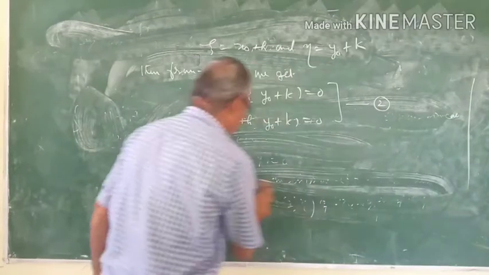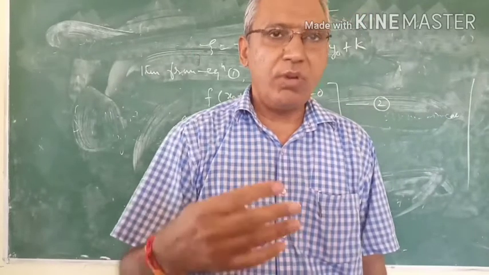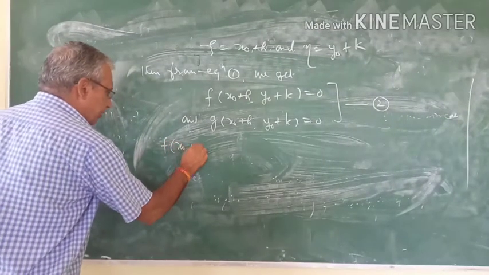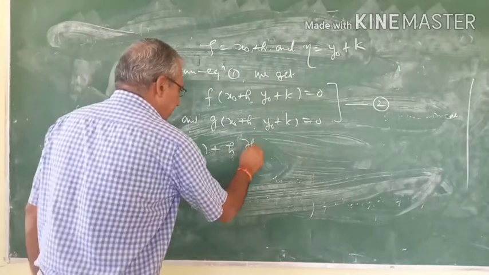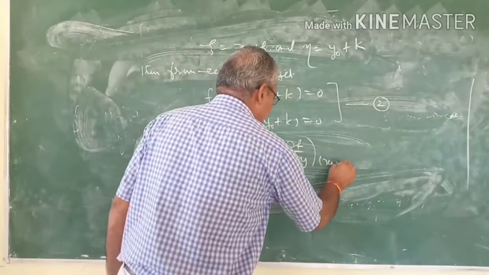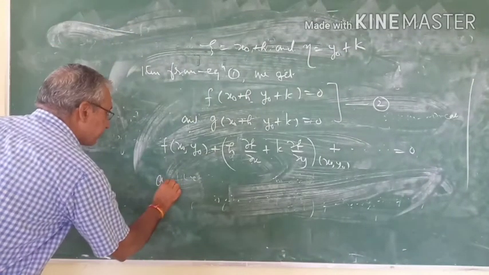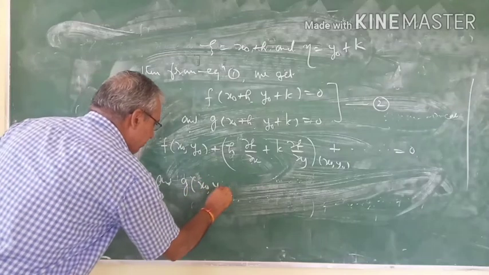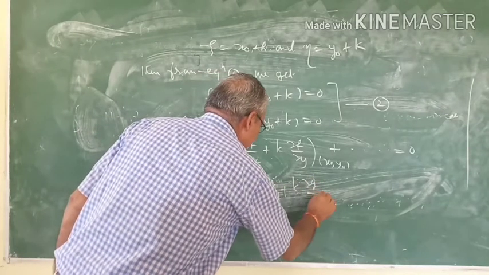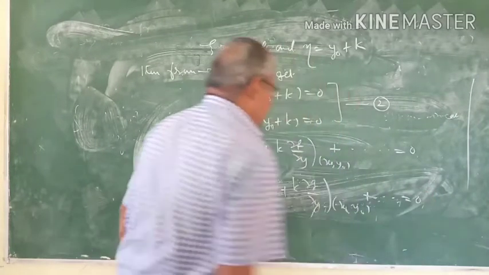Expanding the system 2 by Taylor's theorem for functions of two variables, we have f of (x0, y0) plus h into del f by del x plus k del f by del y at the point (x0, y0) plus and so on, and g of (x0, y0) plus h into del g by del x plus k into del g by del y at (x0, y0) plus and so on, equal to 0.